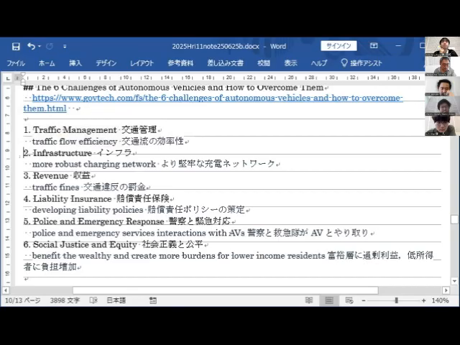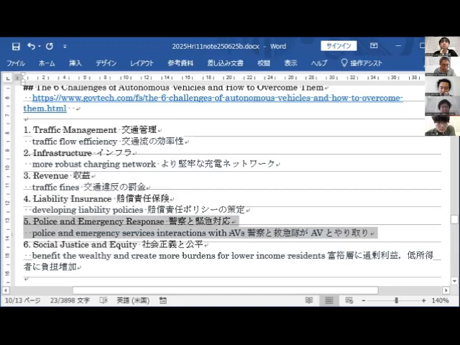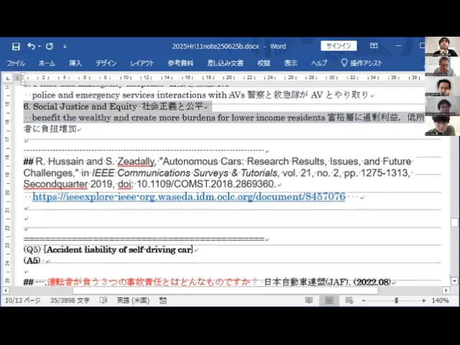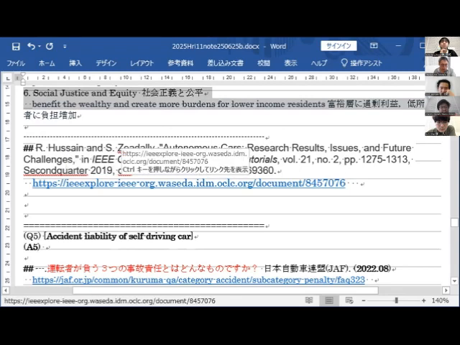And infrastructure, this is electric charging, and revenue, liability, police and emergency response, and social justice and equality in some cases, this is what it says. Focus for research results, issues, and future challenges. How is this? I want to explore this.